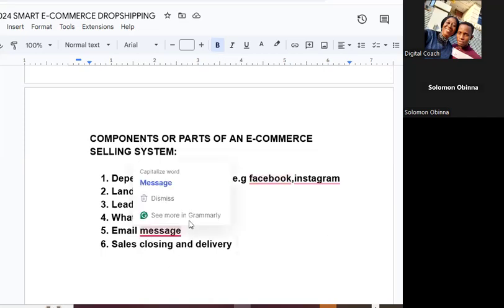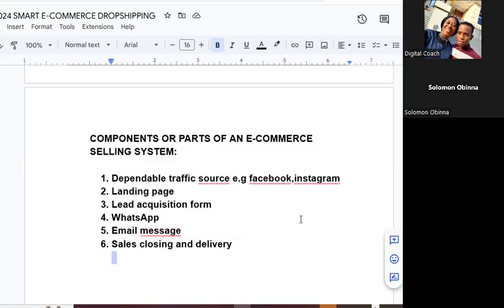Dependable means it's a source that is trusted, guaranteed to bring you leads and customers. Example: Facebook, Instagram. They see your advert on Facebook or Twitter, and then they come to your landing page.